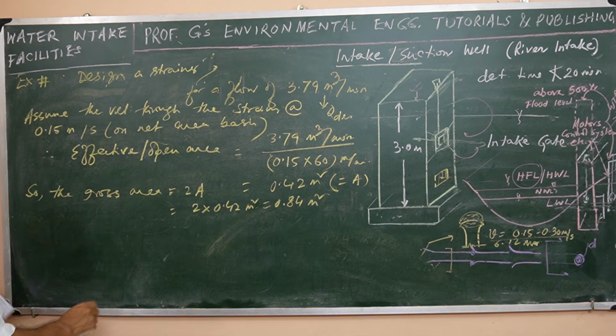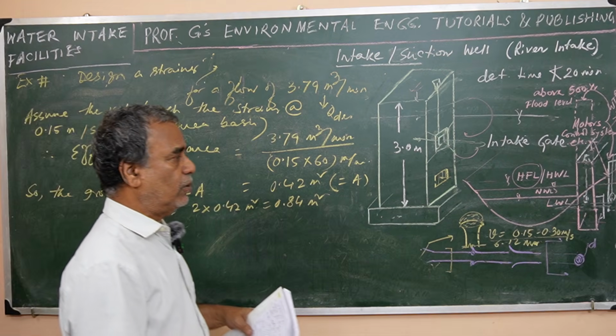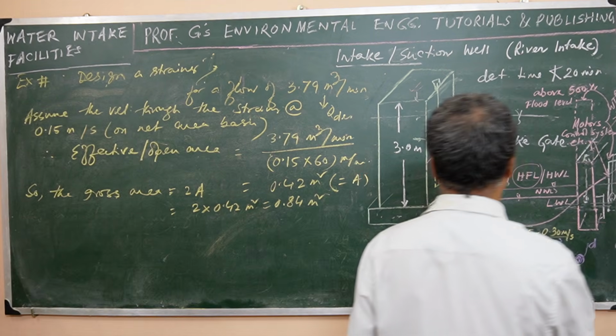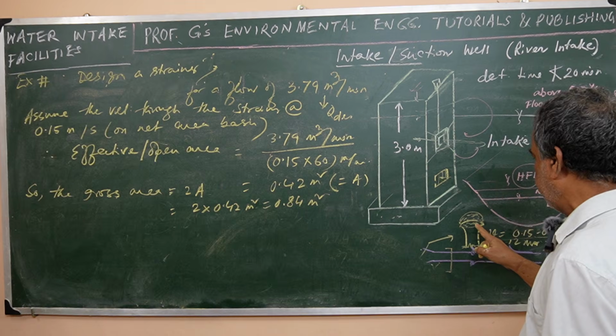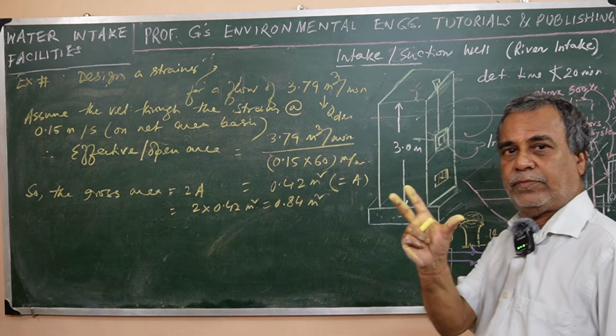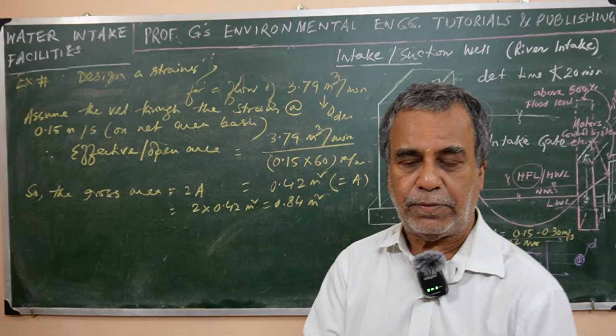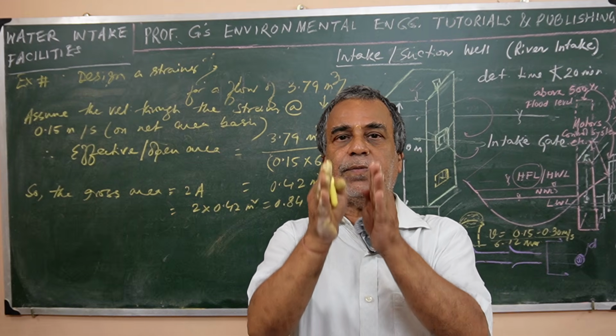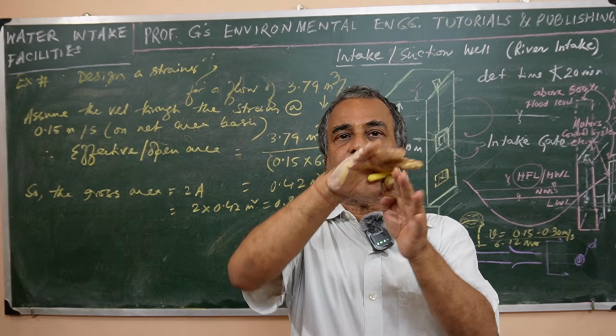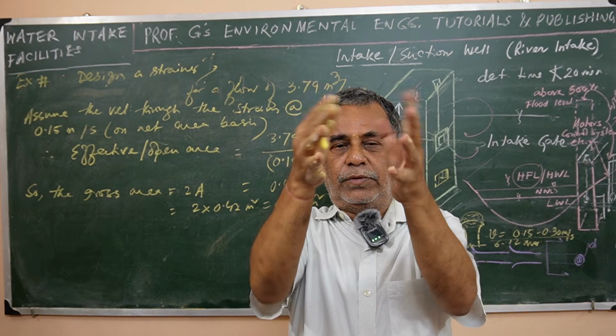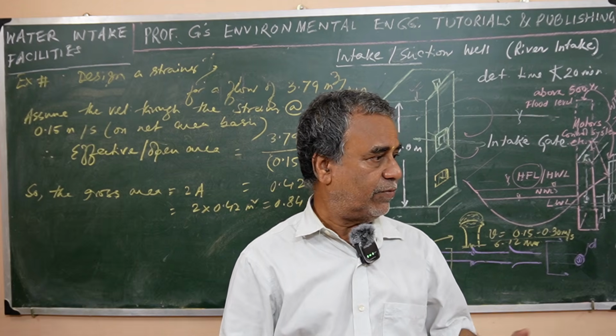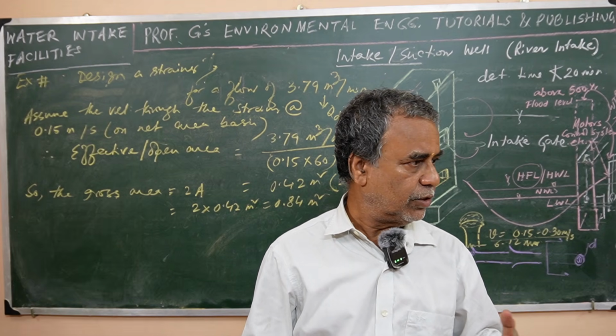Now 2 options are there, as I have discussed earlier also. Either the bell mouth like that, a mushroom type, right? So the pipe is going this way, and this is the dome. I don't have it, otherwise I could have shown it.